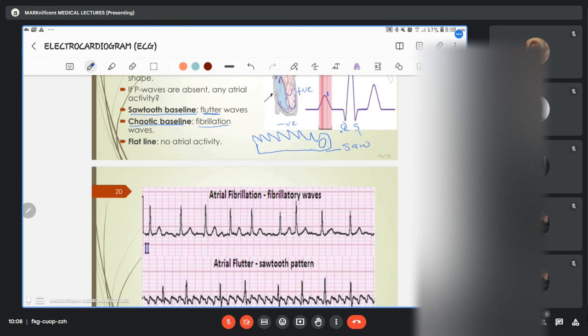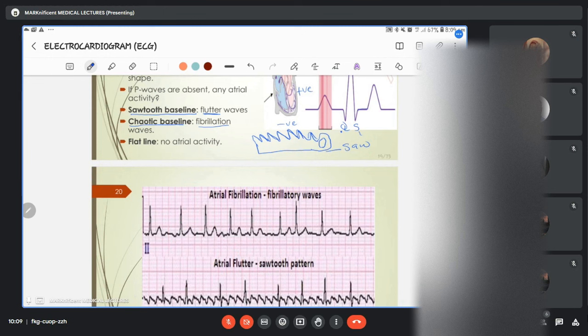It will be slanted a bit, and it will be more than what you should have. So this P wave you can see is upright, but any deviation from this makes it a pathology of the atrium, or the P wave is suggestive of the atrium. Back to what I was saying, the sawtooth means there are flutter waves.